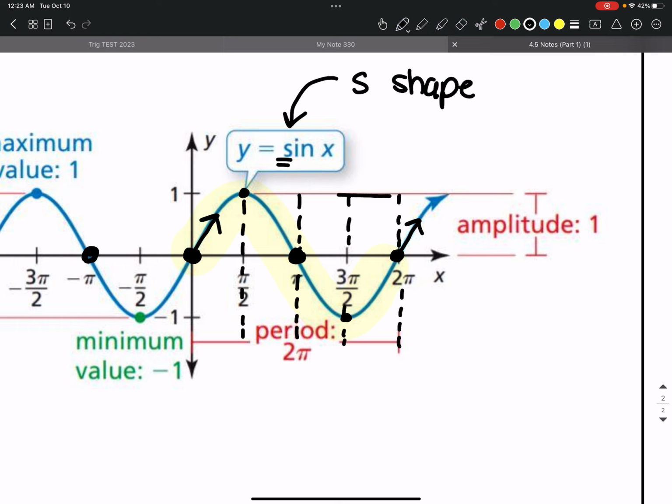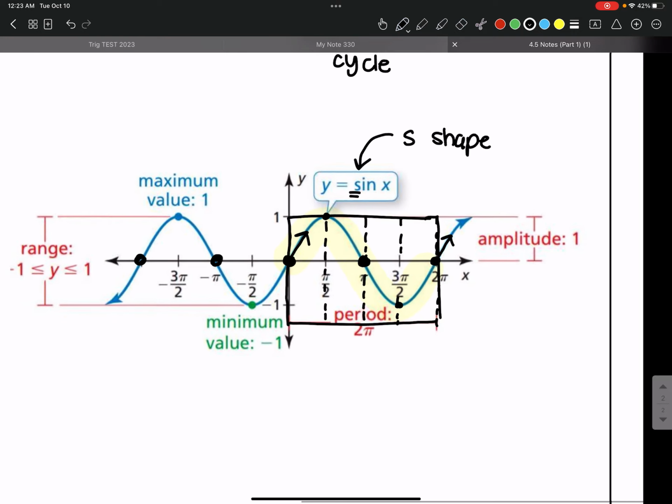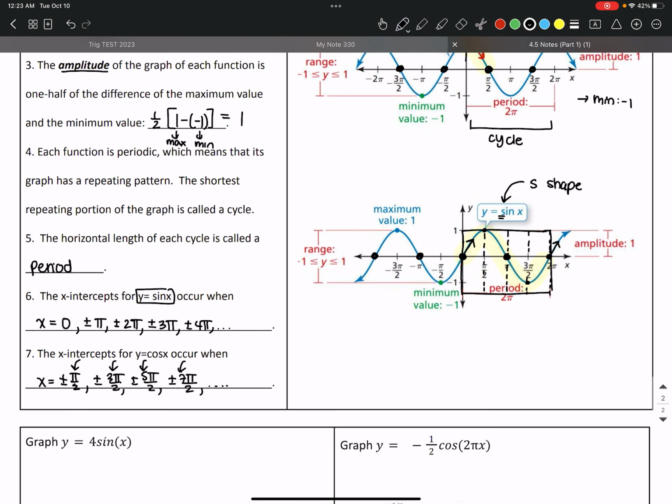So I can see that one cycle, or one period, is split into 4 sections, and that is how I'm always going to do the graph. So what I want to point out is that periods are cut in 4. So when I'm scaling my axis, I need to keep that in mind. Those are where I'm concerned about the minimums and maximums, where they are and where the x-intercepts are.